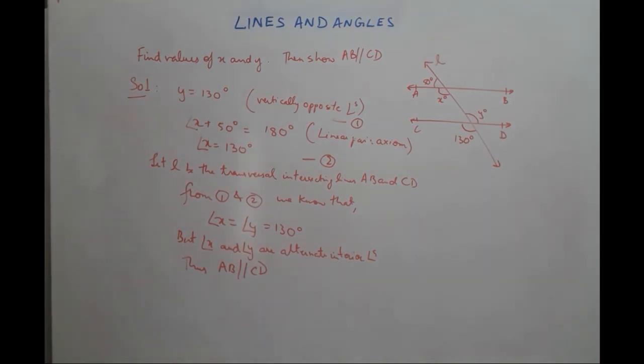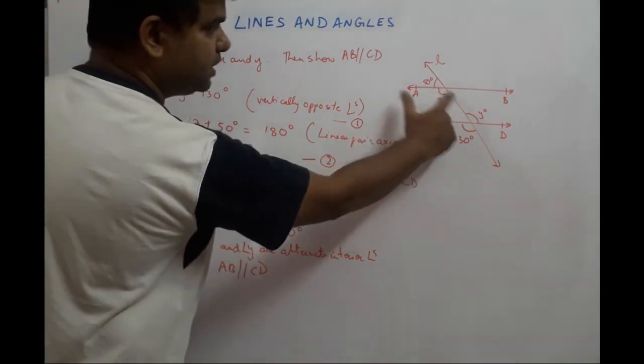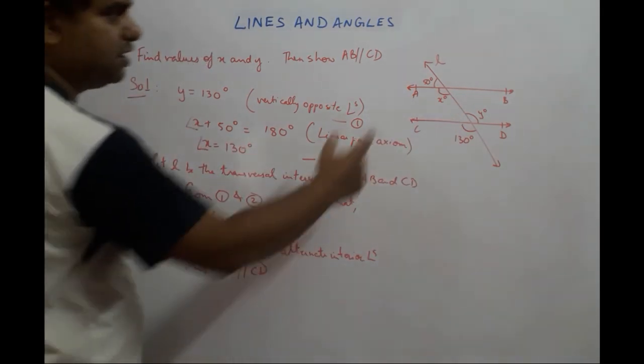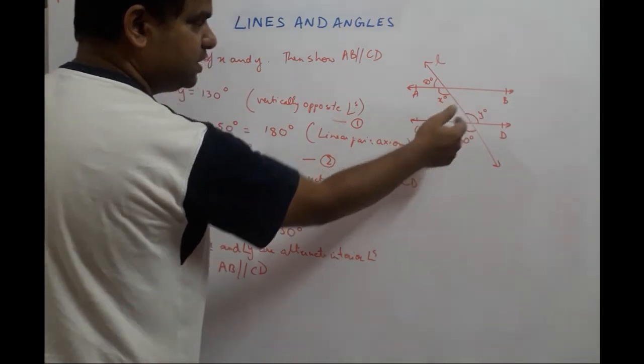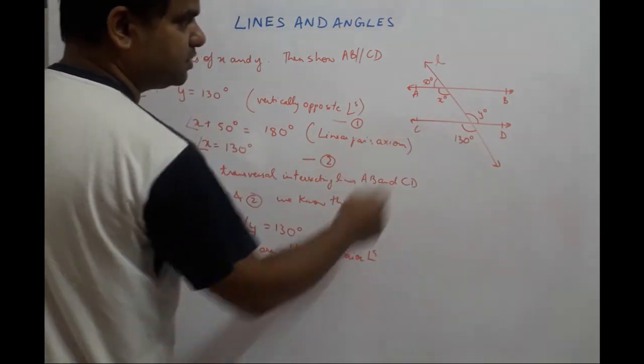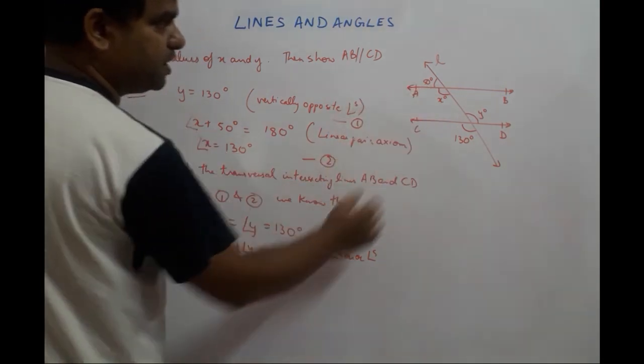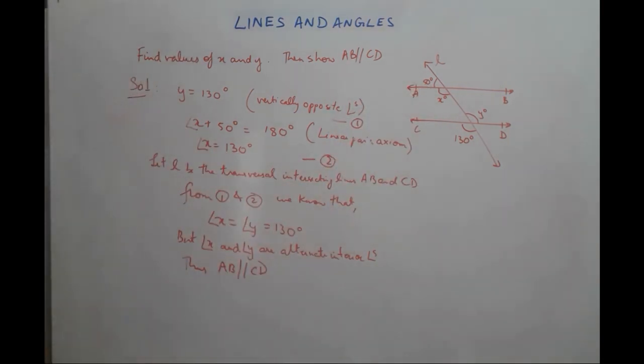This is the converse of one of the axioms we learned, which says that if the alternate interior angles are equal, then the lines that create these angles along with the transversal become parallel to each other. That's how we get them parallel. Let's go to the next problem.